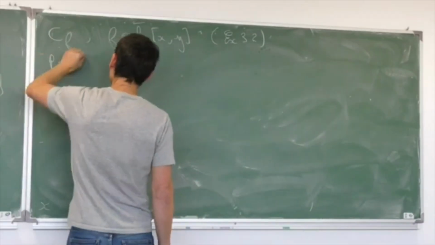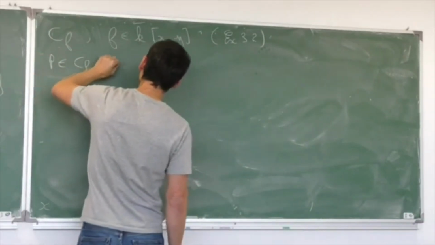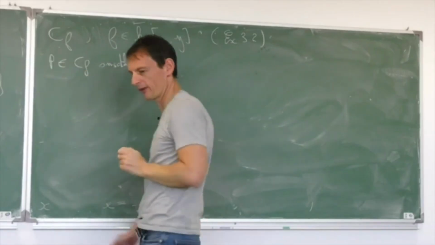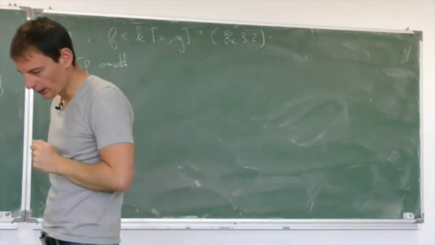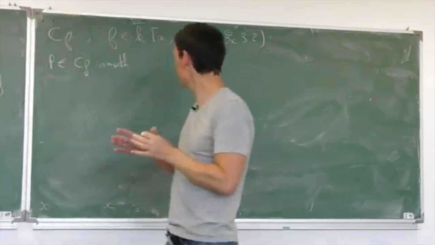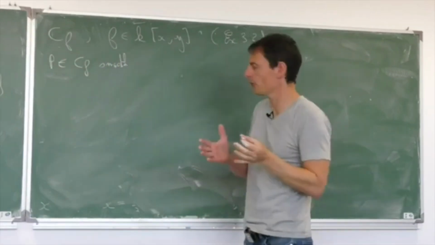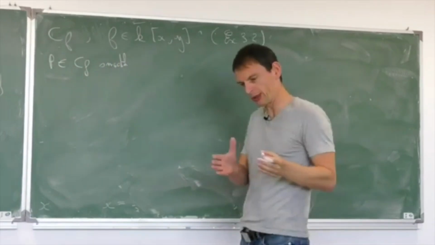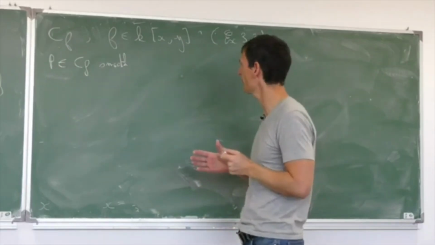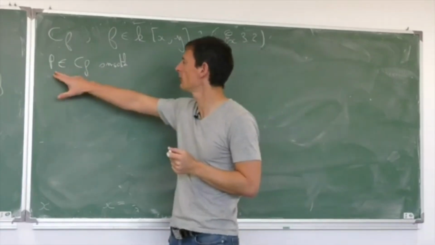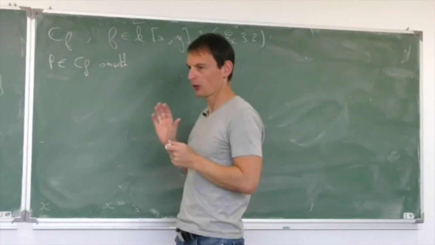So we take P, a smooth point in C of F. And the first thing you have to realize is that after a linear change of variable, as we did the first time, we can move any point in the plane to the point 0, 0.